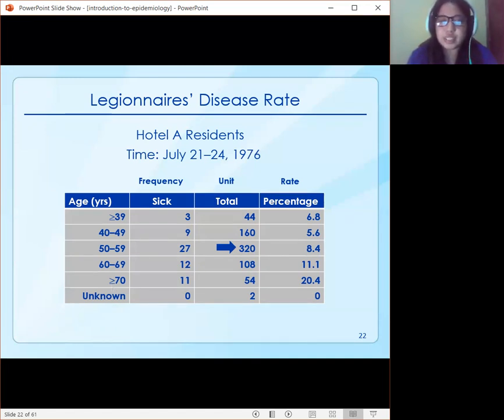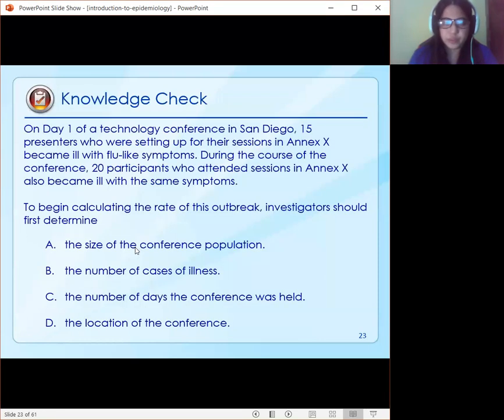However, as you can see displayed in this table, without examining the rates associated with the raw numbers, those data can be misleading.